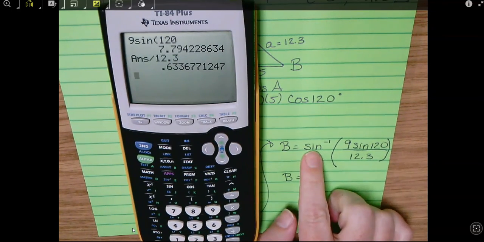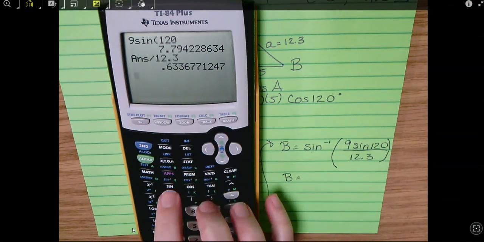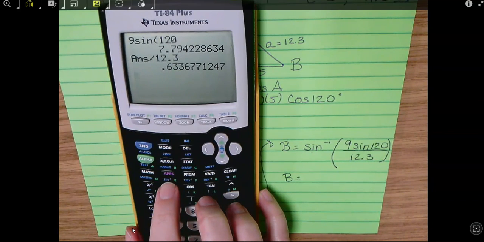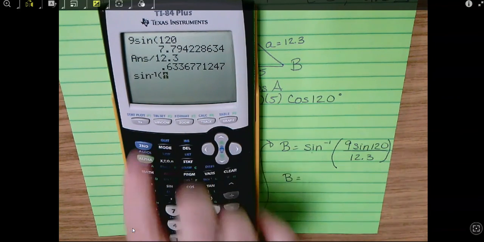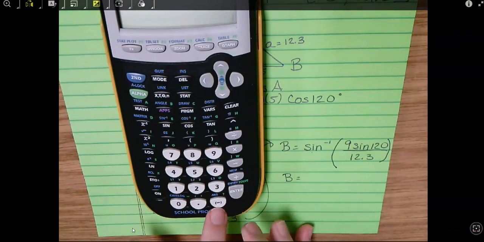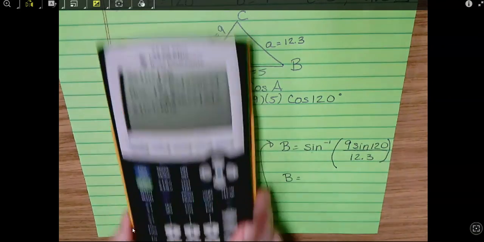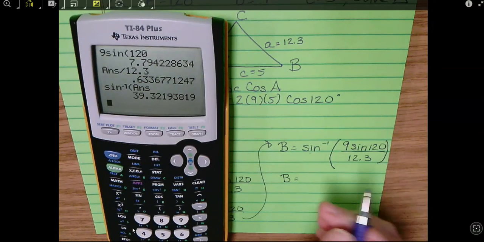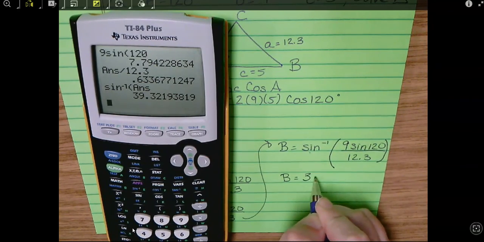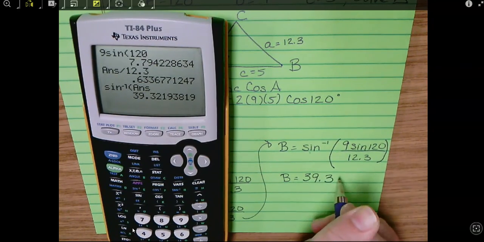Now I have to get that inverse sine. Right above sine, you'll see the inverse sine. So hit second, sine, then second, negative to pull up the answer, and hit enter. And B is 39.3 degrees.